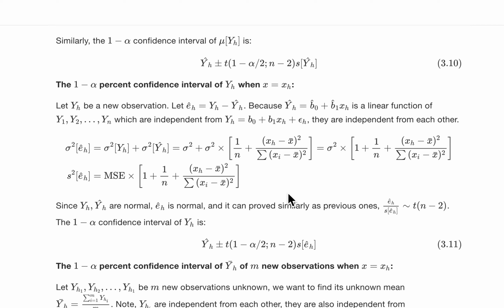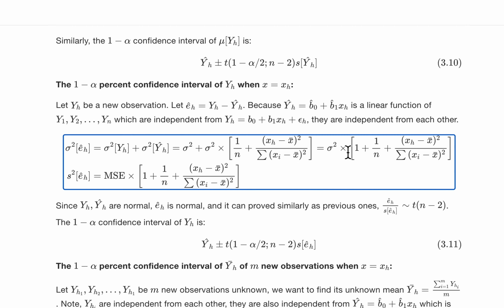So we know that YH and YH hat are two independent random variables. So now we can find the variance easily without worrying about the covariance. So the variance of E hat H is actually the variance of YH plus the variance of YH hat, which eventually becomes this term here.